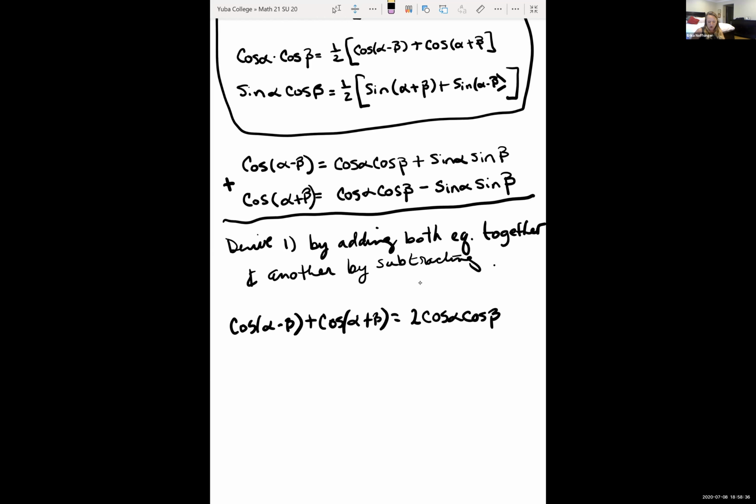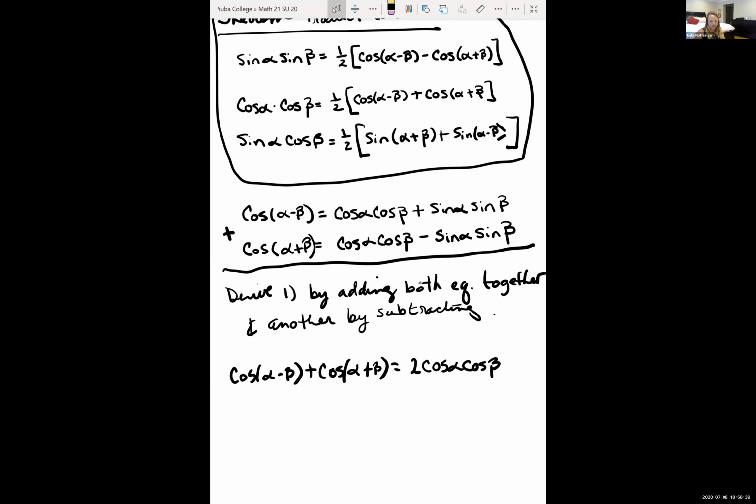So notice we're almost there. This multiple of 2 cosines is the sum of those two. But there's a half in front, so we could just divide both sides by 2. Sometimes it's helpful to notice this formula and use this.